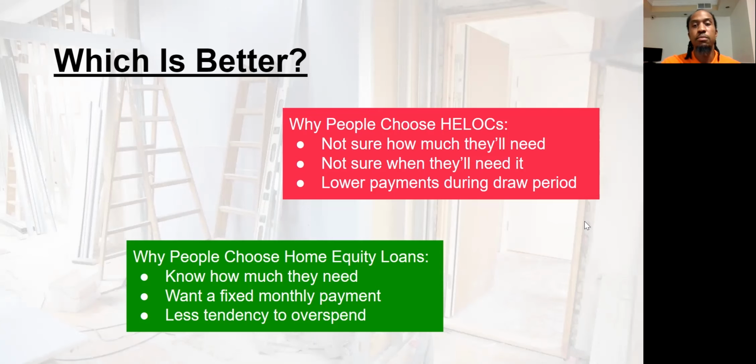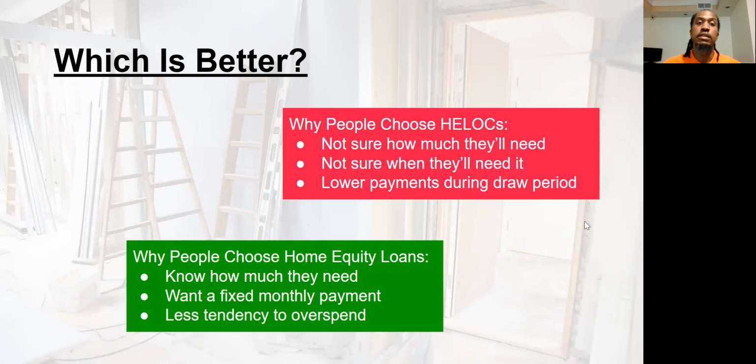What is the purpose that you're going to be using it for? If you're looking to consolidate debt, which is also something that I, as a loan officer, have seen a lot of people doing recently, particularly because credit card debt comes at a high interest rate, averaging around 20%. That's a lot higher than what you're going to pay on a HELOC or a home equity loan.